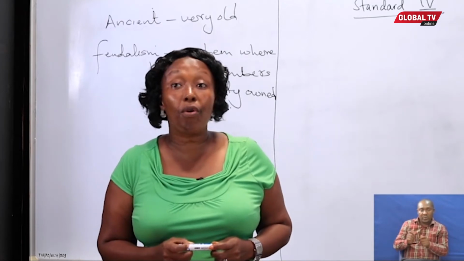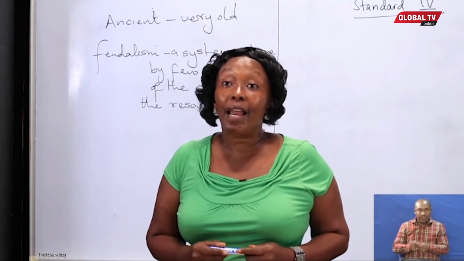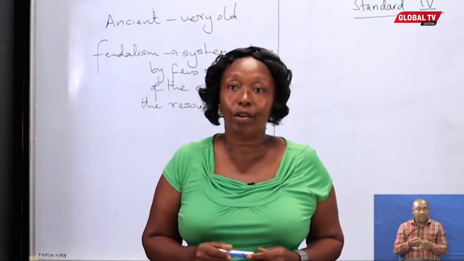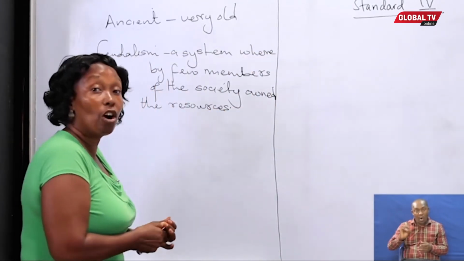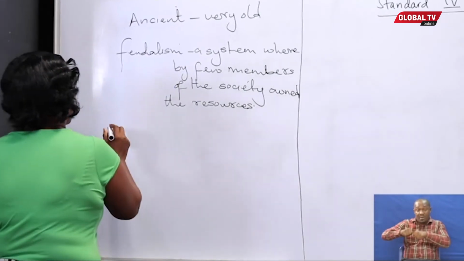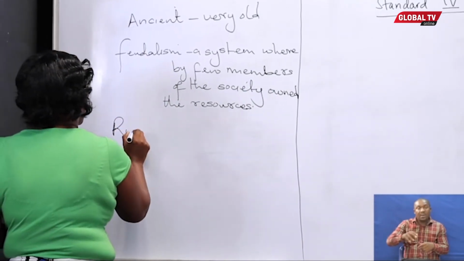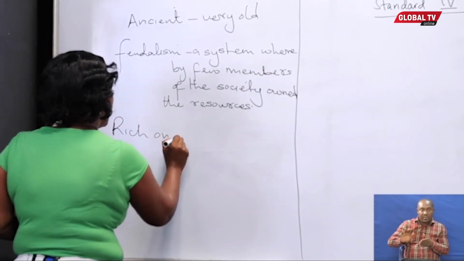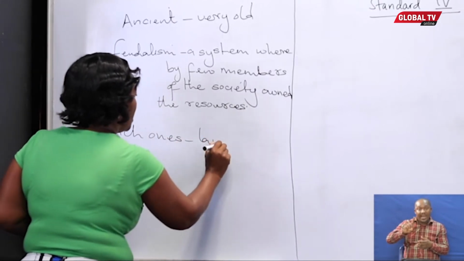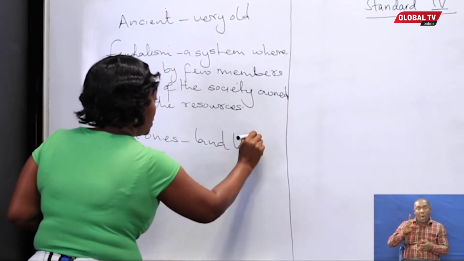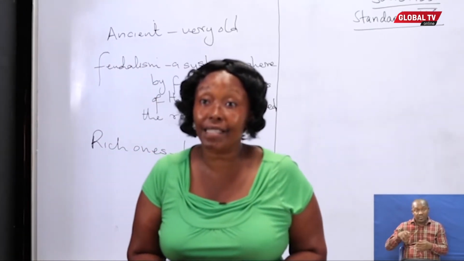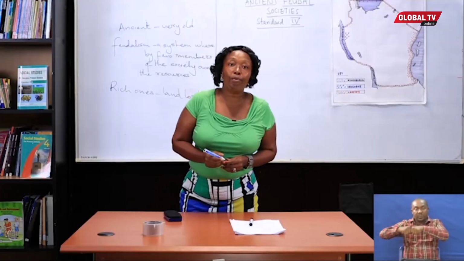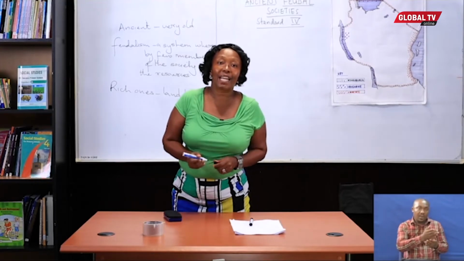Those rich ones who owned the arable and fertile land were called landlords. And the majority of the society who owned poor land were called tenants.